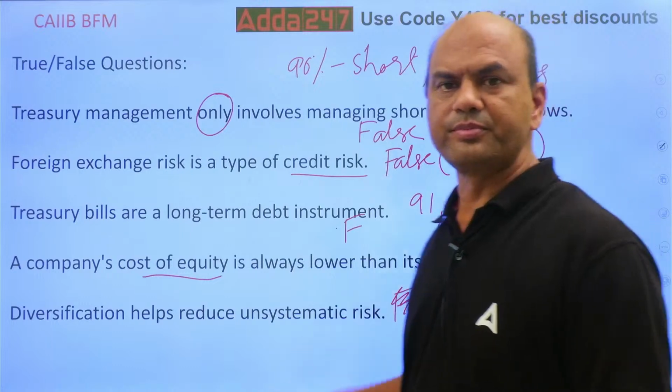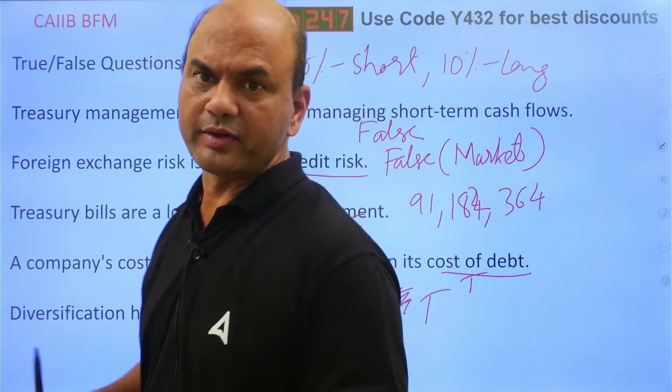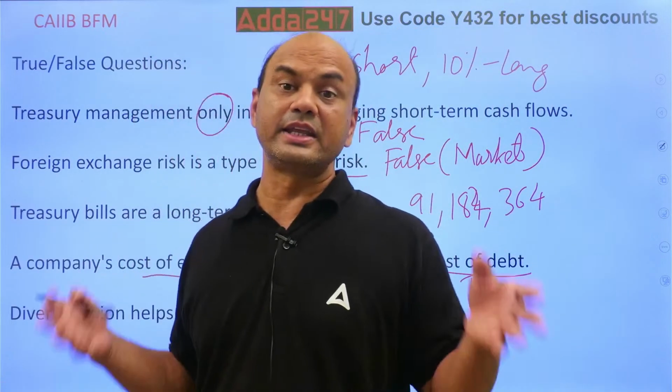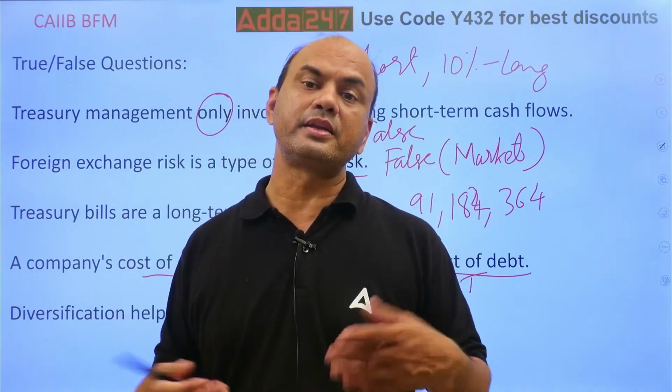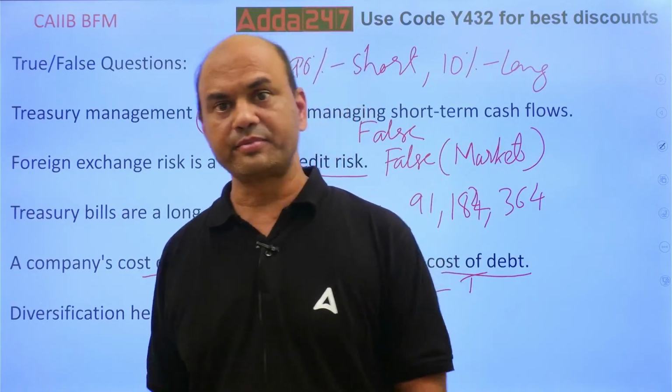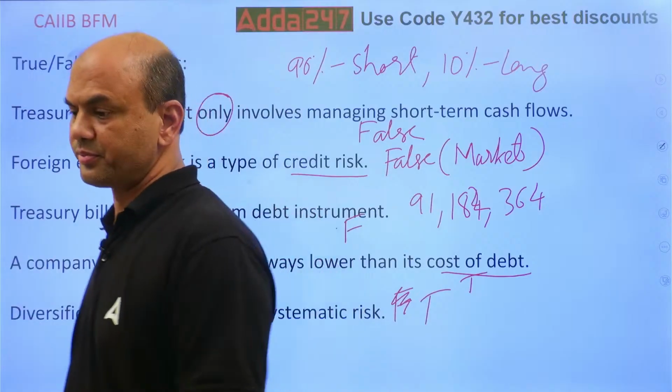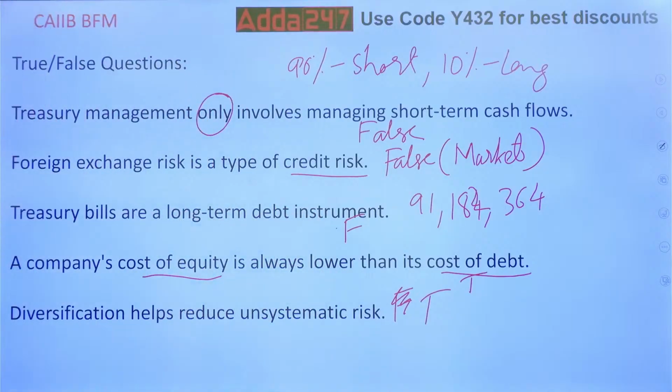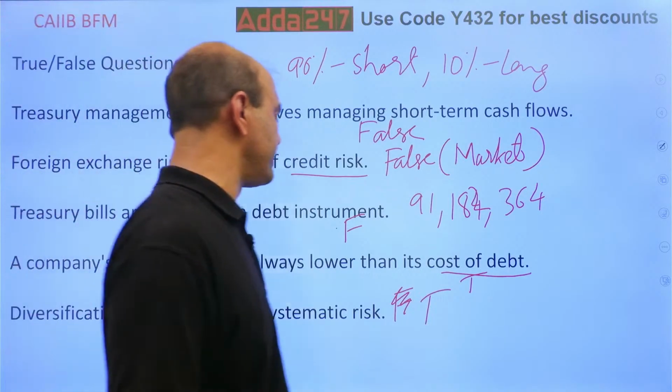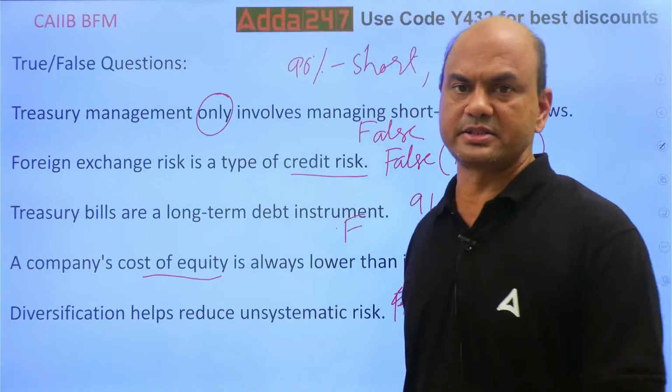Because if I have a diversified portfolio, the risk of my internal company is reduced, isn't it? So this is true. Got it? Kindly note, this is true, not false. Diversification will always help you reduce the unsystematic risk.